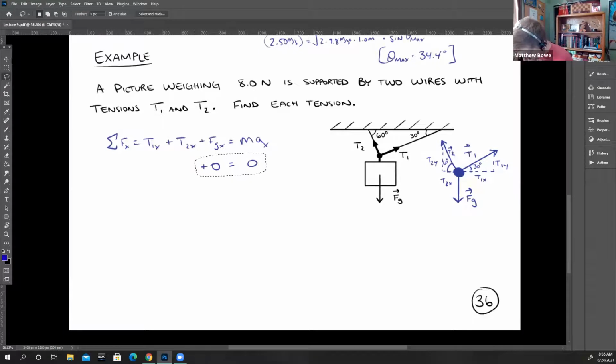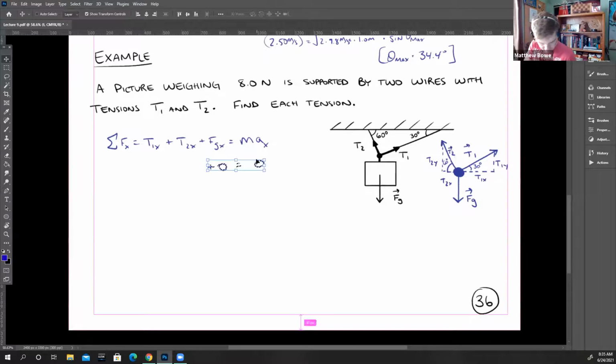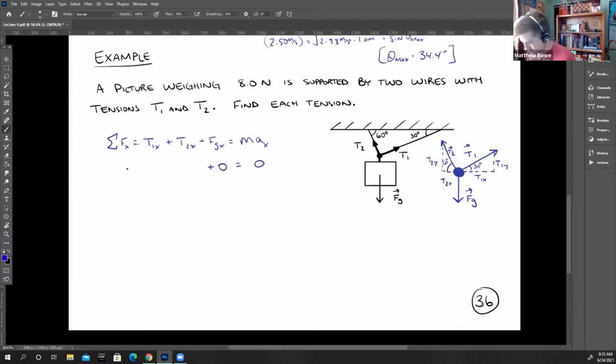Let me slide this over. Just realized it's going to take space. So T1x, that's this thing. It's on the adjacent side of the angle. So we have T1 cosine of 30.